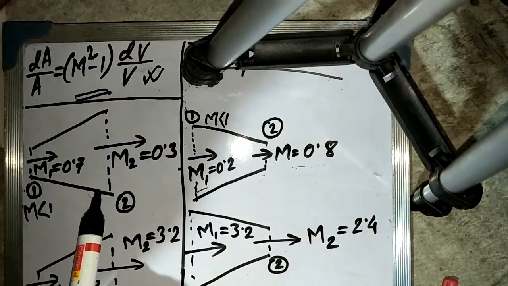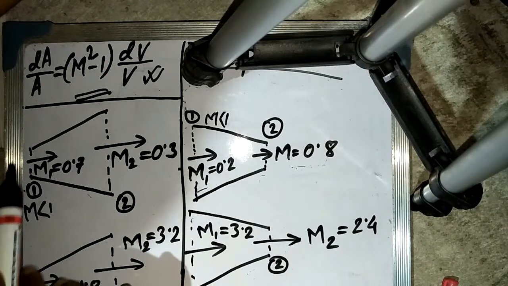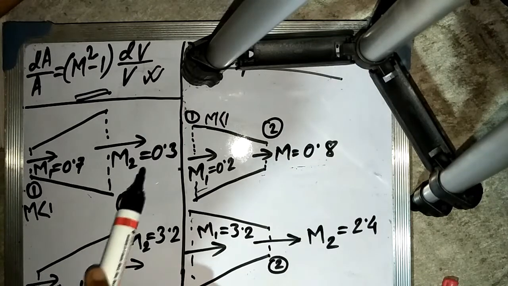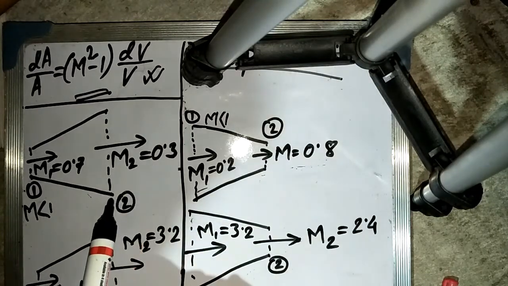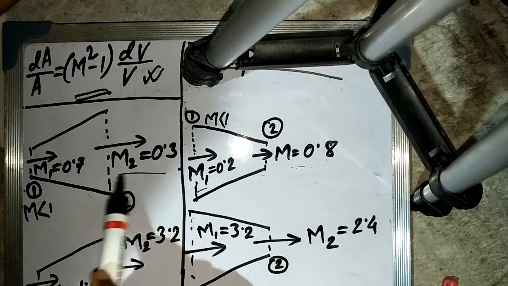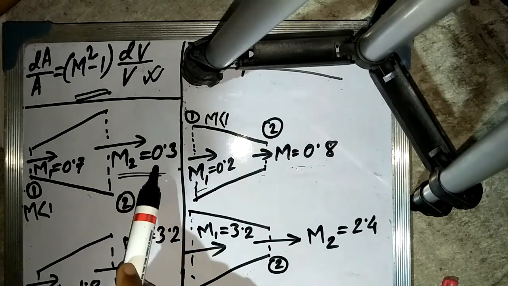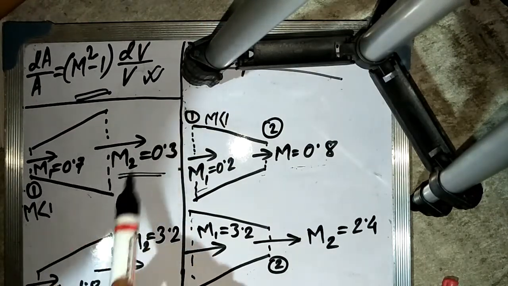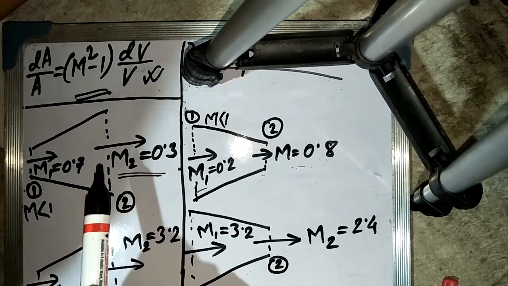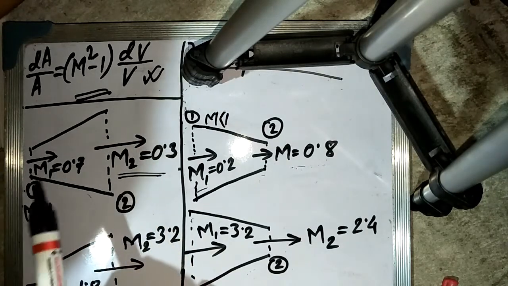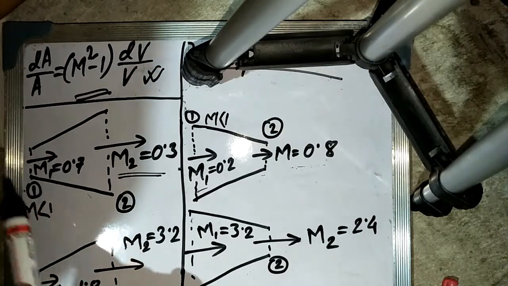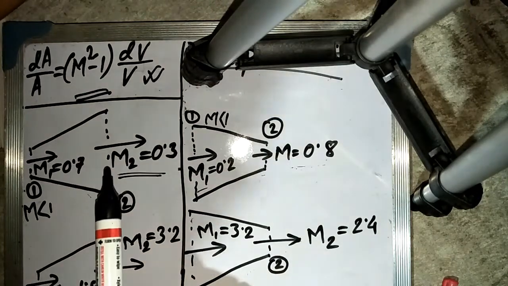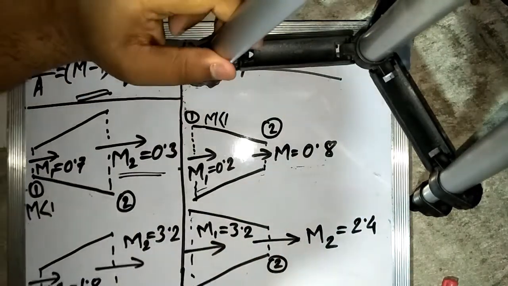This is the divergent duct and the inlet Mach number is less than 1, and the velocity decreases here. The Mach number at outlet M2 is 0.3, so the Mach number decreases. So the divergent duct acts as a diffuser. When the inlet Mach number is less than 1 in a divergent duct, it will act as a diffuser.